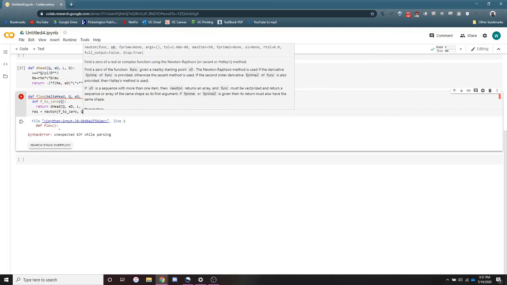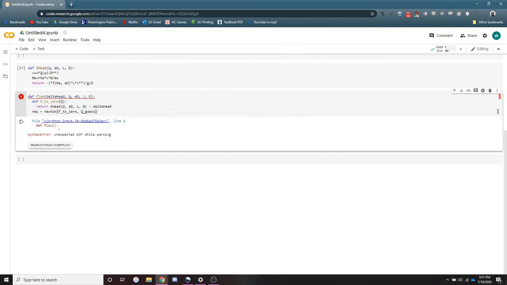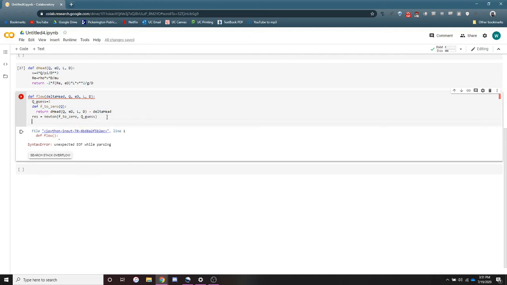In this case, we're just going to call this QGuess, and that means we need to define the QGuess up here. We're going to call this 1 for right now. Easy. And then after we solve this numerically using Newton's method, we just need to return the results.